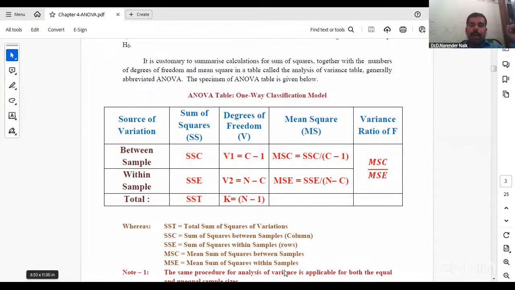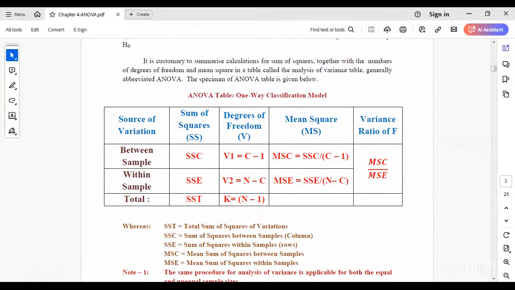If you have this specimen, it is very simple and easy to solve the analysis of variance problem.